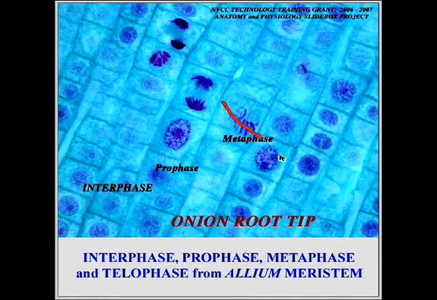You can see that, let's see, where can you see that best here? Actually, it's right nearby. If you look over here, you can see the chromosomes moving to the opposite poles.